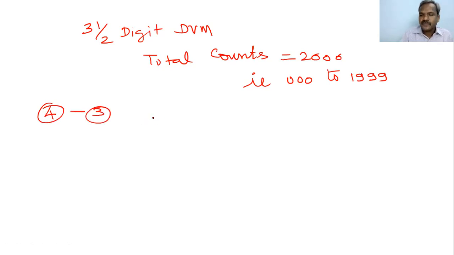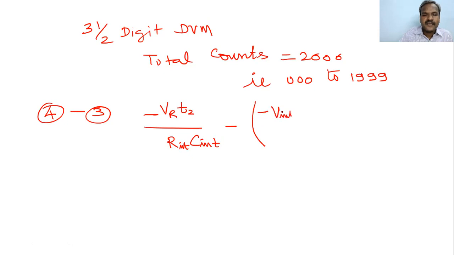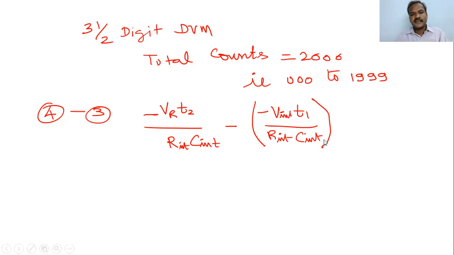We will be getting minus VR T2 by R int C int, minus of minus V in T1 divided by R int C int. Understand?